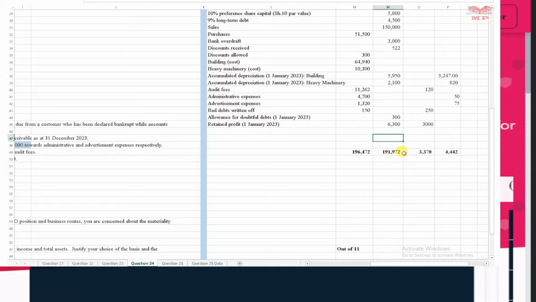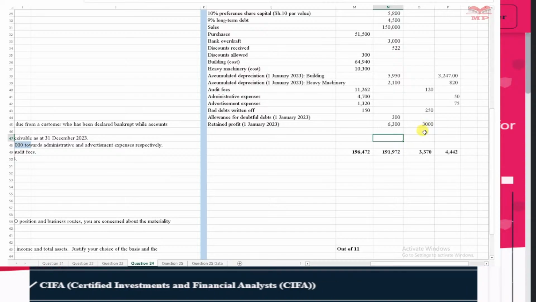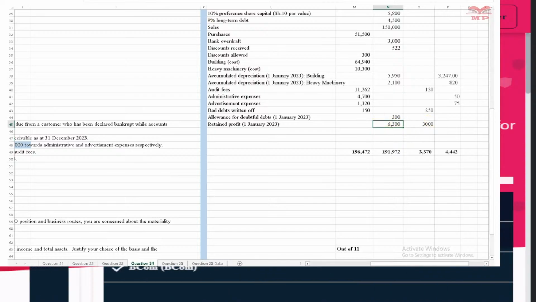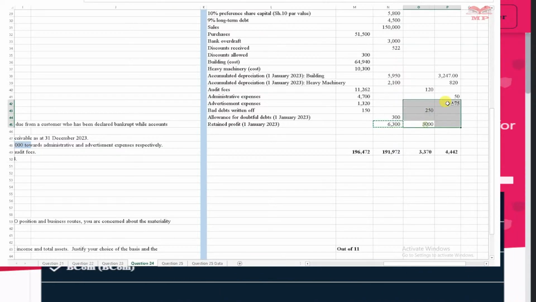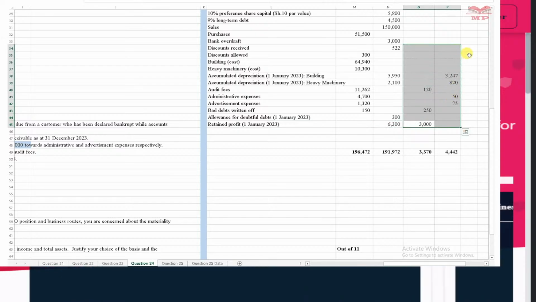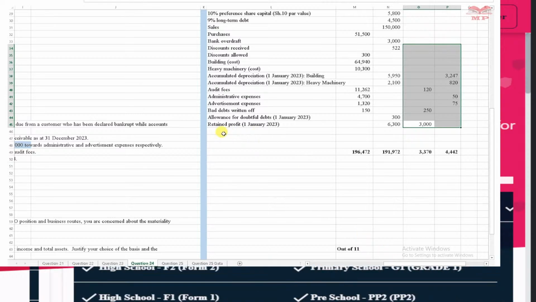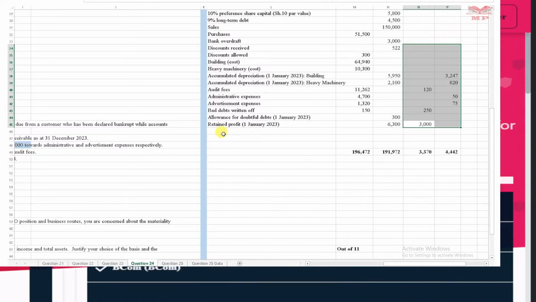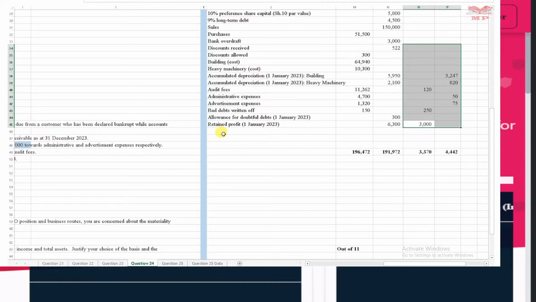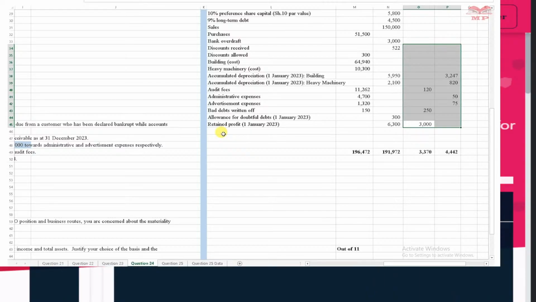And once we have that, of course, we're going to put it in all of these formats. Then we need to check whether there's an increase or a decrease in provisions.